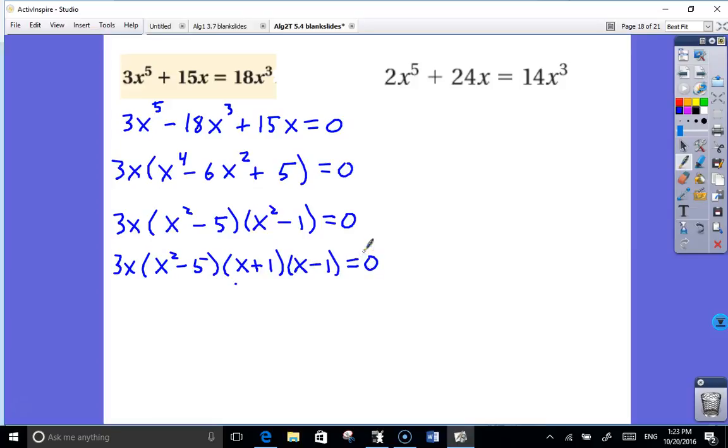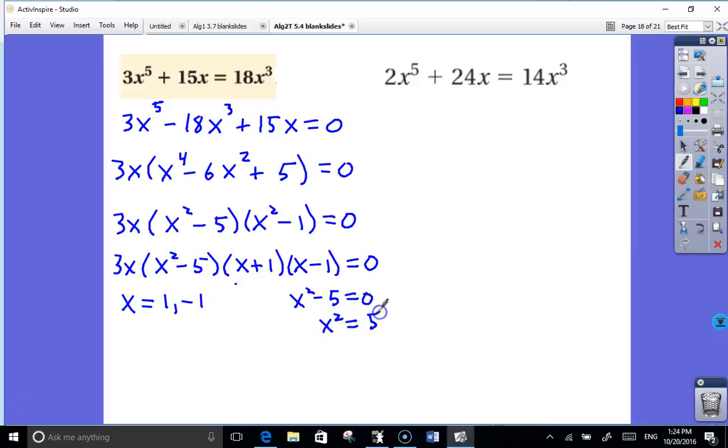Okay, so what are the zeros? 1, negative 1, close. Remember, if this factor, x squared minus 5 equals 0, that means x squared equals 5.